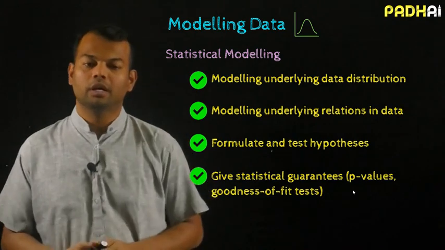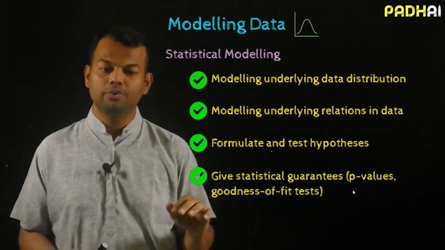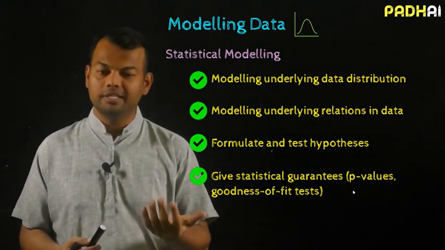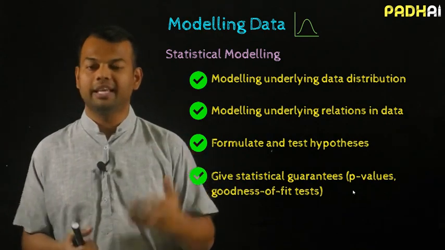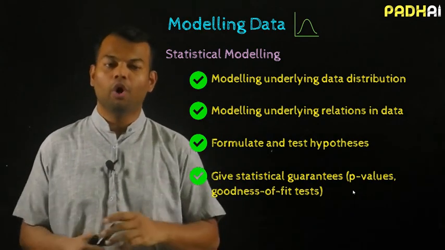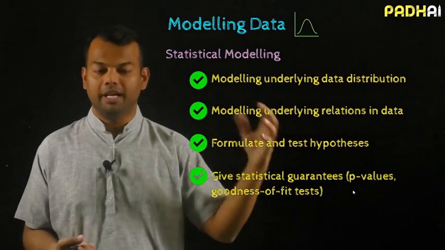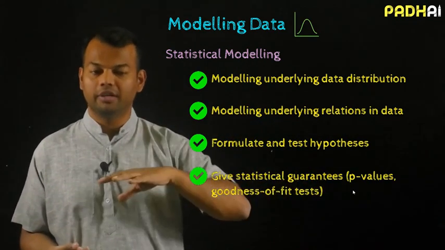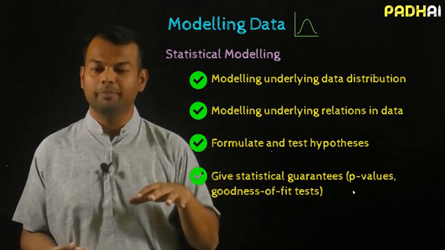So just a quick summary of statistical modeling. What you're interested in doing is modeling the underlying data distribution, modeling underlying relations in the data set, then formulating and testing hypotheses. The hypothesis in that case was that the drug is effective, or the more formal hypothesis would have been that the average cholesterol level after the drug was lower than that before the drug.